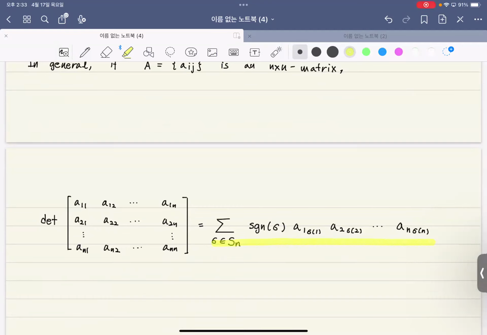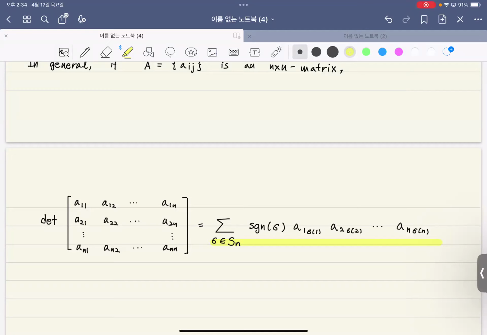So okay, we actually derived a very nice looking formula for computation of the determinant. But I believe no one is using this formula in actual computation of the determinant. Why?